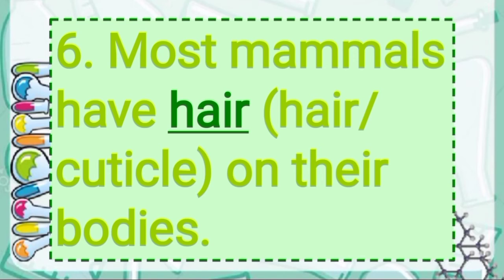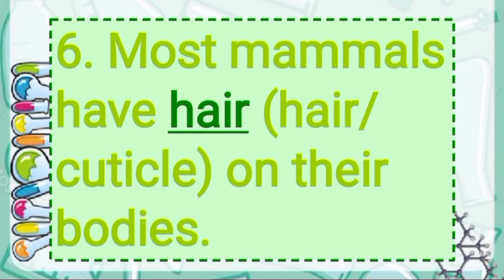Now next, most mammals have dash. First option: hair. Second: cuticle on their bodies.